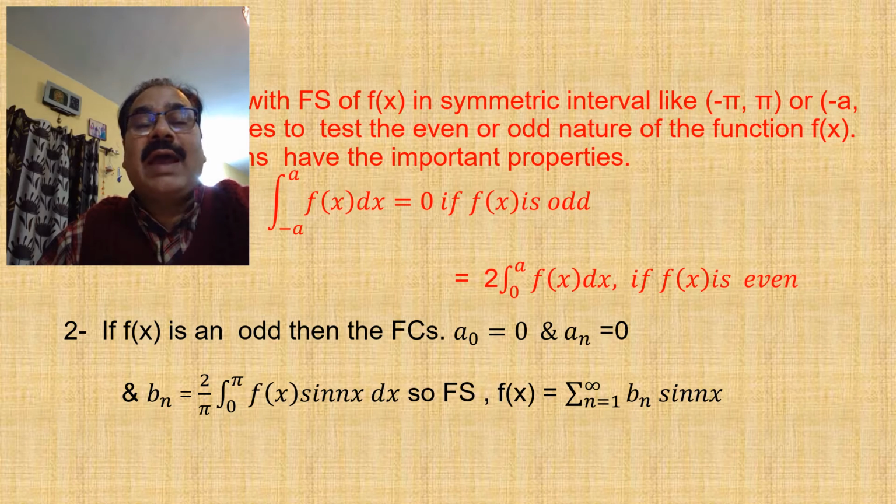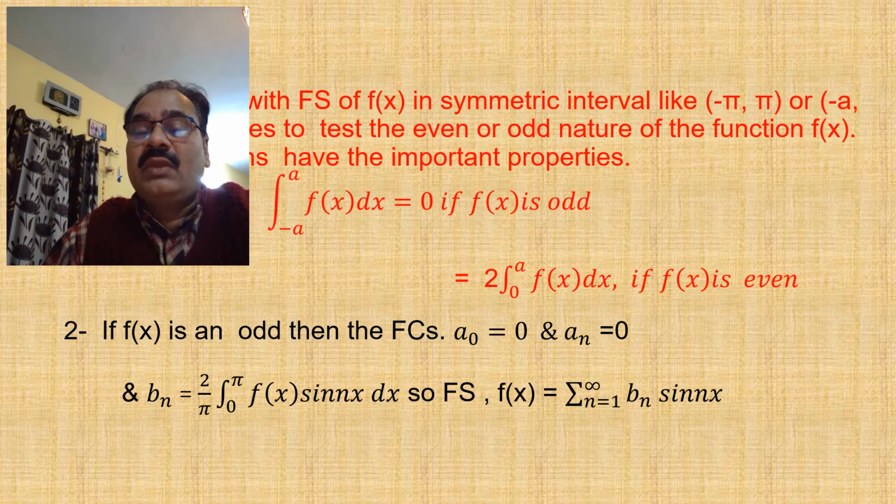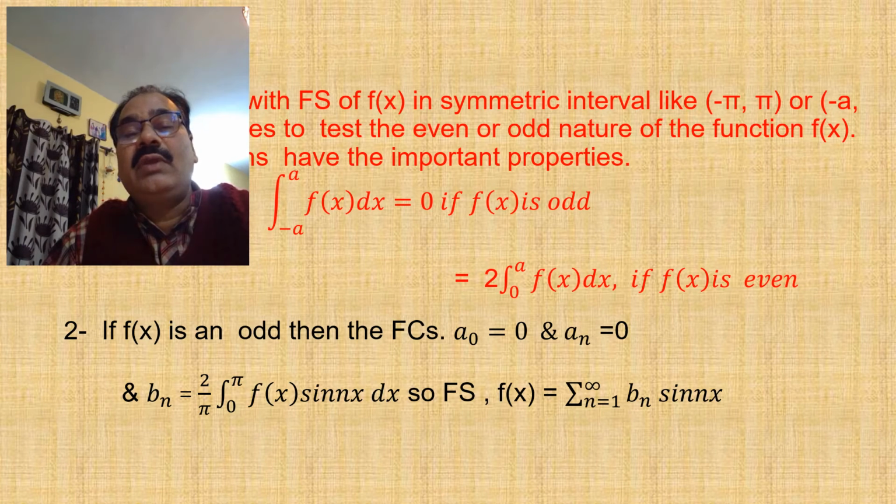Such functions have important properties: by using the definite integral property we can quickly eliminate Fourier coefficients. So the integral from minus a to a of f(x) dx is 0 if f(x) is odd, and 2 times the integral from 0 to a of f(x) dx if f(x) is even. This is the well-known property.